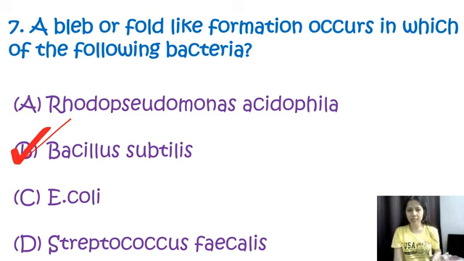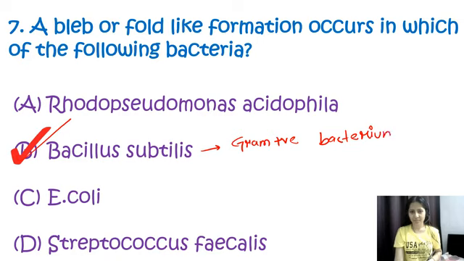Now we know that this Bacillus subtilis is a gram-positive bacterium. Now this can form a bleb or fold-like membrane.